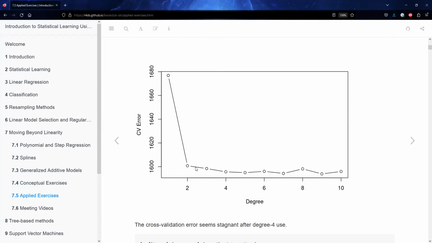We seek to, of course, lower the error, but not create a situation where we might create more variance later on. So here, the cross-validation error seems to be pretty stagnant after the degree 4 polynomial. At least this quick plot of the errors implies that we should be using a degree 4 polynomial.